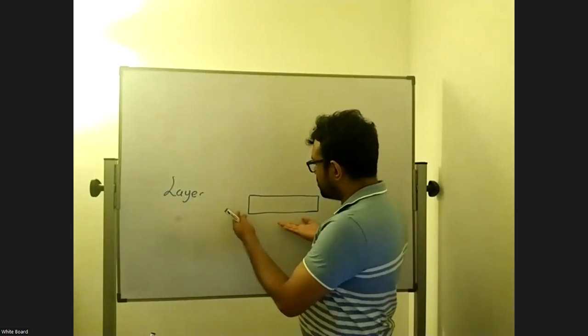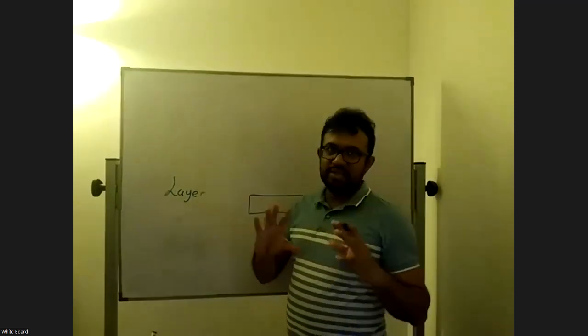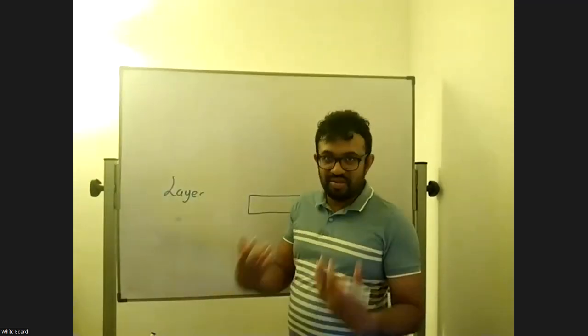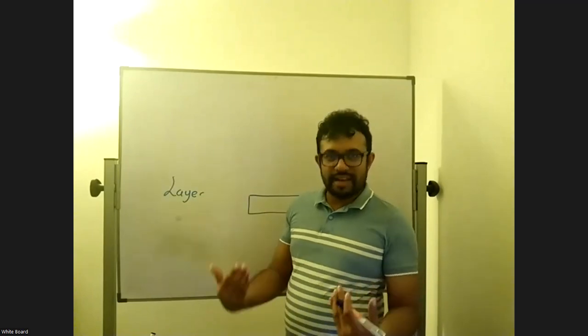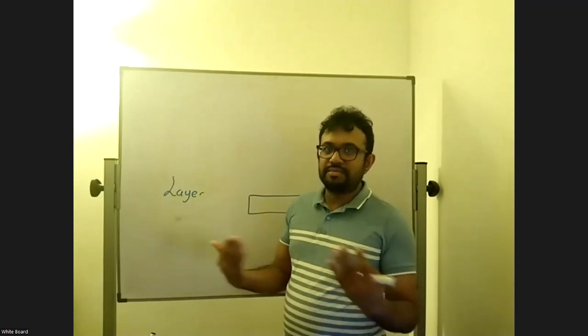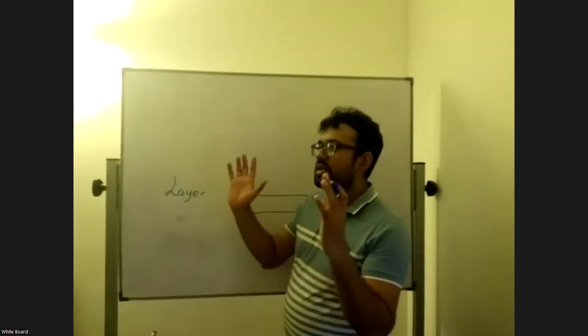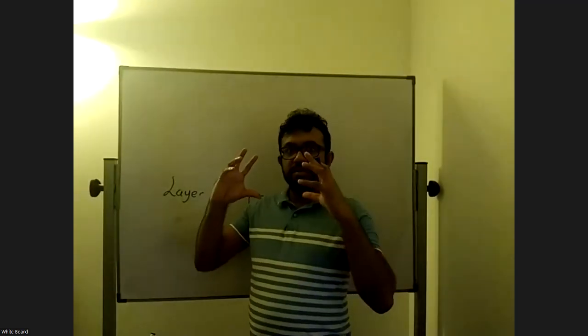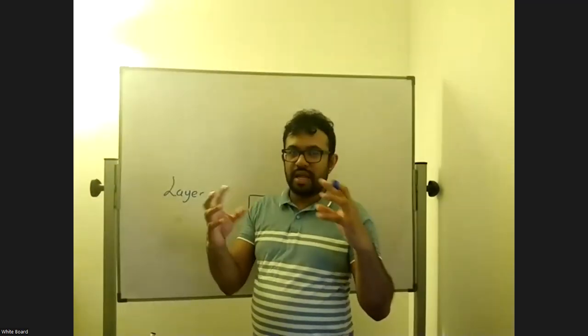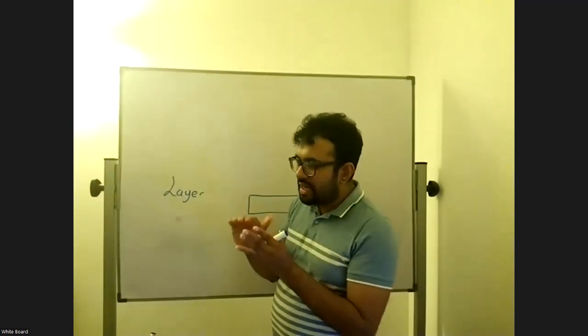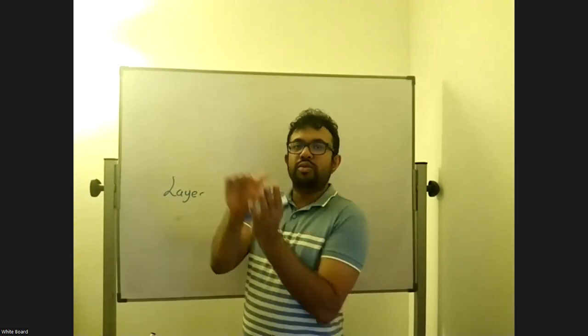Layer is not only used for food; it is also used for explaining different things in different subjects. If you take the computer, certain concepts in computer can be explained by taking the different parts of the computer into layers.